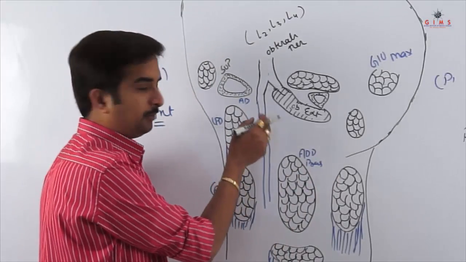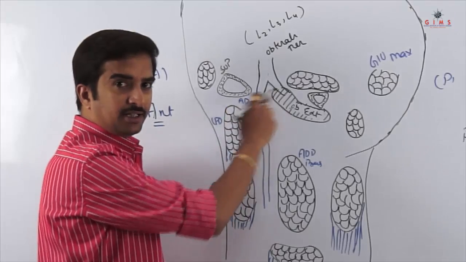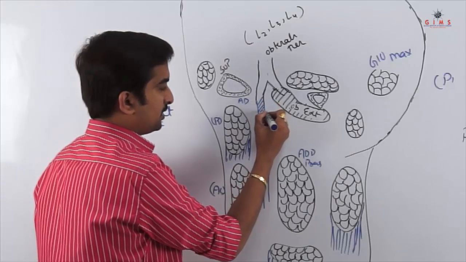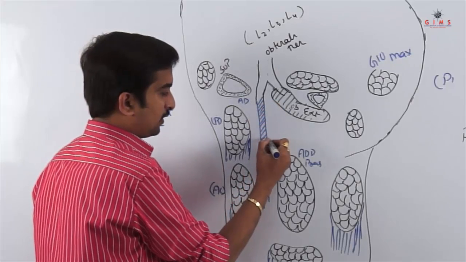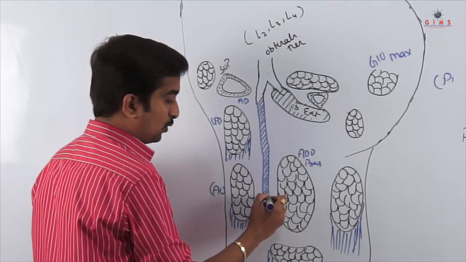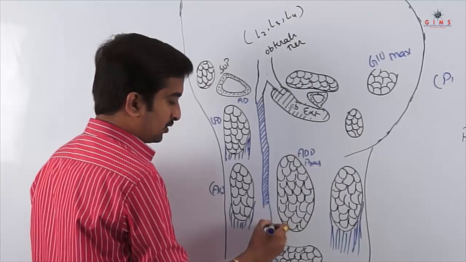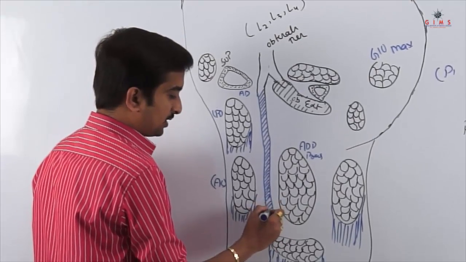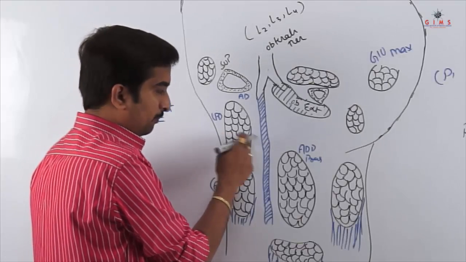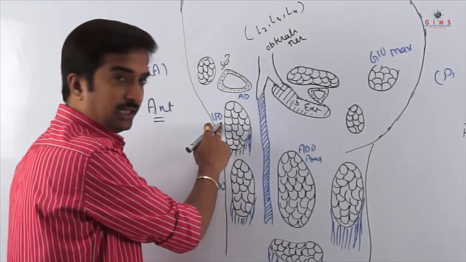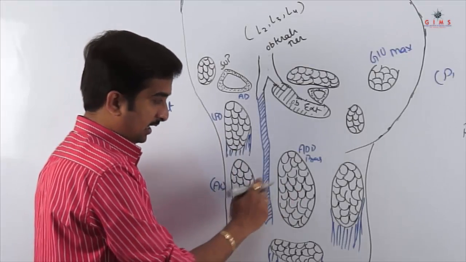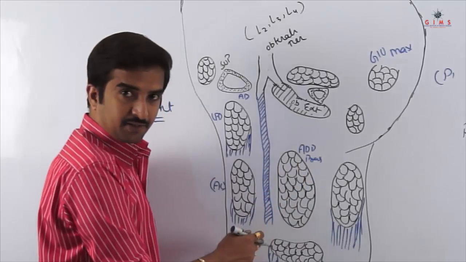I'll repeat here. Immediately after it divides into anterior as well as posterior divisions, the anterior division passes in front of the obturator externus and continues downwards to pass behind the pectineus and adductor longus and in front of the adductor brevis.